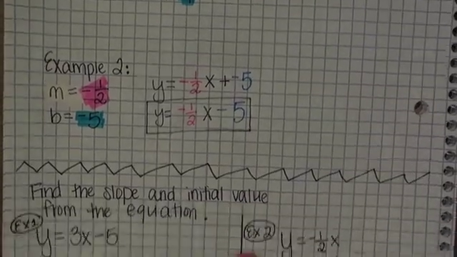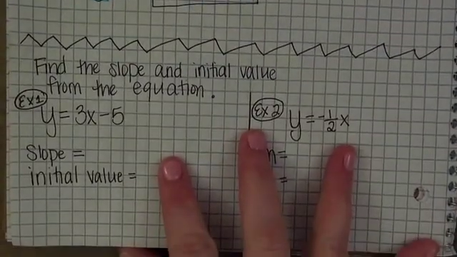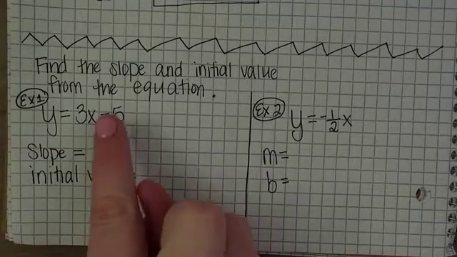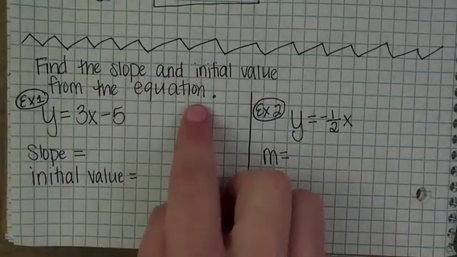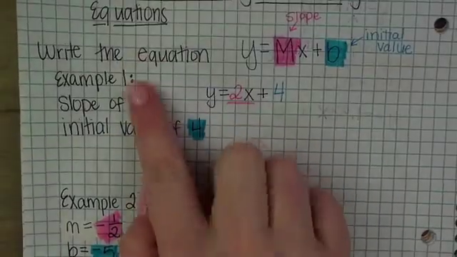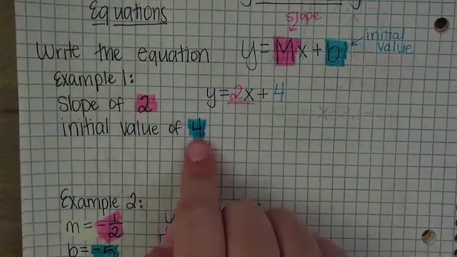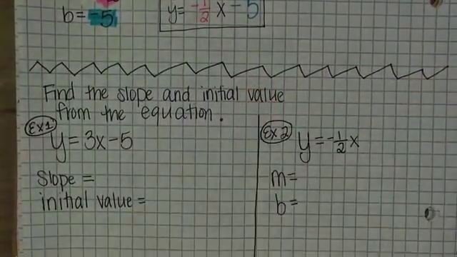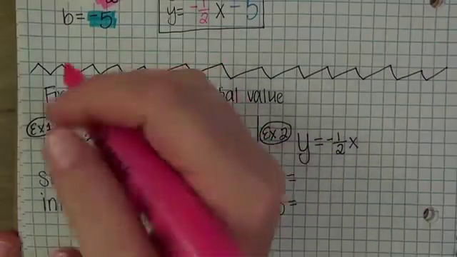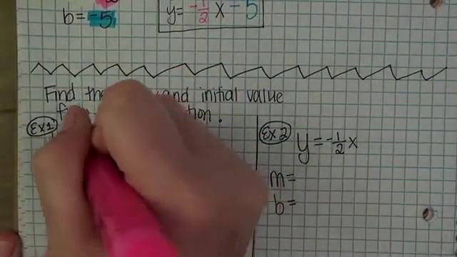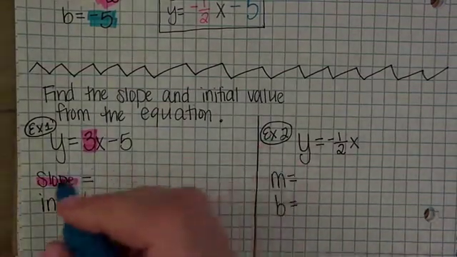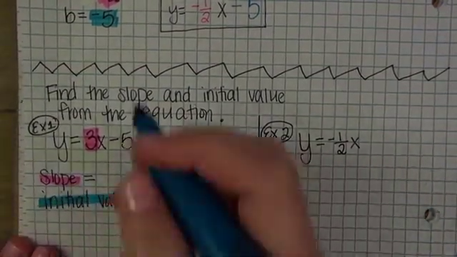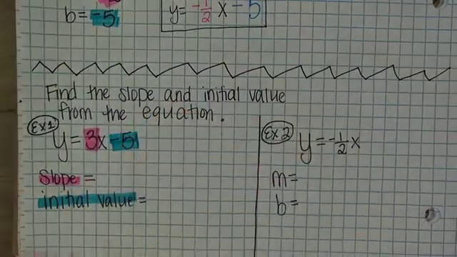Okay, so let's look at these next examples. This one's going to go backwards. It's going to say find the slope and initial value from the equation. So it's just going backwards from this, where we were given the slope and the initial value, then we wrote the equation. Now we're going to go backwards. So again, the slope is always with x, and the initial value is always adding or subtracting at the end.